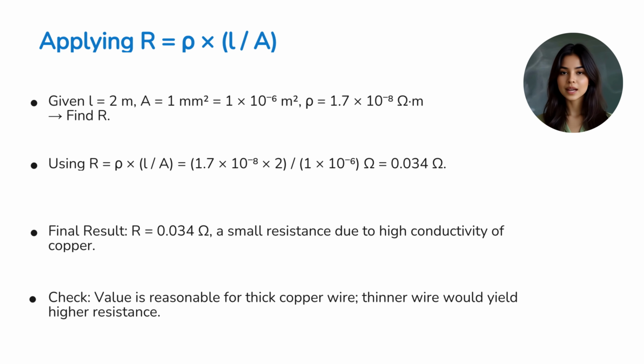So yes, everything makes perfect sense. This example shows how material property, the resistivity, and geometry, the length and area, work together inside the formula R equals rho times L divided by A to decide how easily current can move through a wire. Science and math teaming up perfectly.